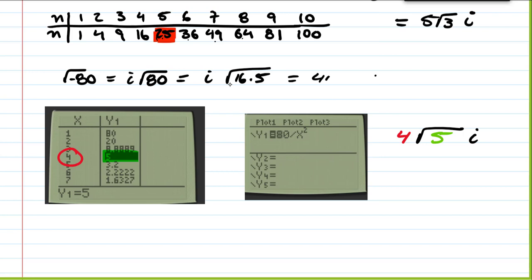So we get 4 square roots of 5 times I, which is the same thing. So our calculator can help us figure out what that is, and we did that by putting the number we were trying to extract the radical of over x squared. The y column tells us what stays in the radical, and the x column tells us what comes out.